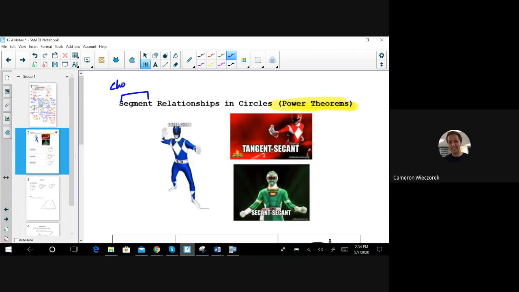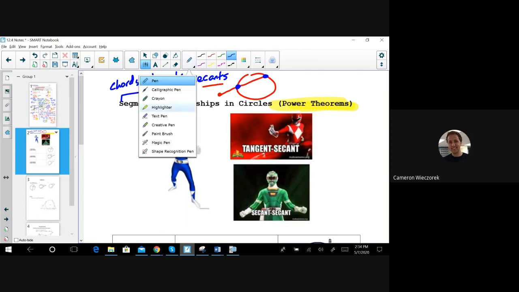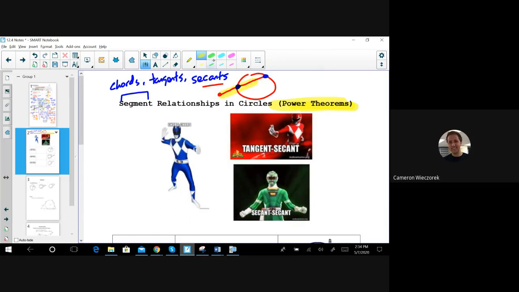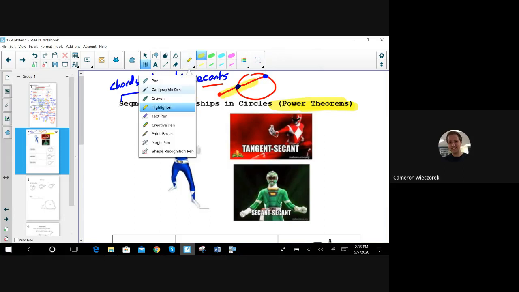That could be chords, that could be tangents, or it could be what we call secants. We've talked about all of these terms except secant, so I just want to tell you what a secant is. A secant is just a segment that starts outside the circle and it intersects the circle twice. Okay? So this segment that I have here in yellow is what we call a secant, and typically it'll keep going.